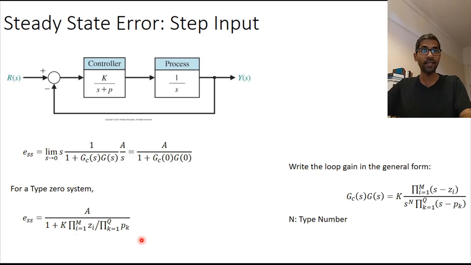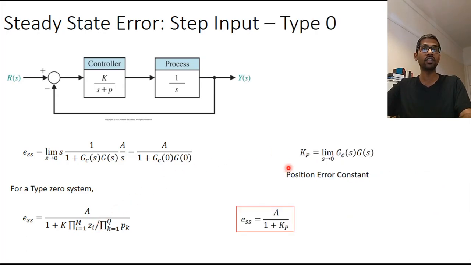And this value here, 1 plus K times this product, can be denoted by a constant value, which is called the position error constant. Okay, and the steady state error can be represented in terms of the position error constant like this.